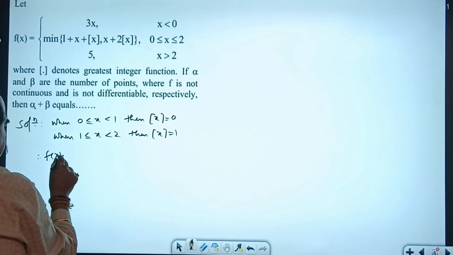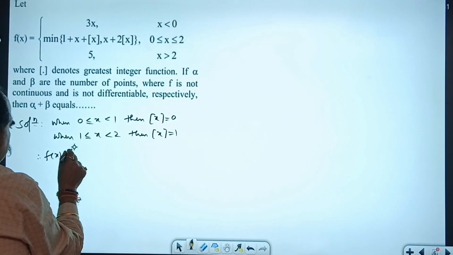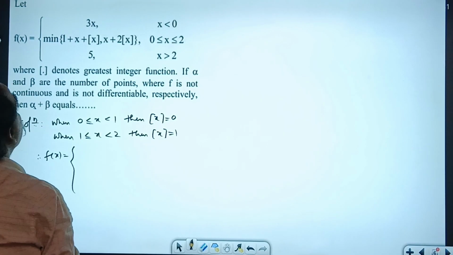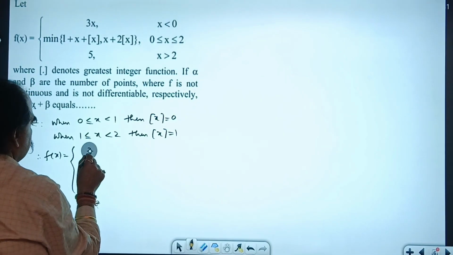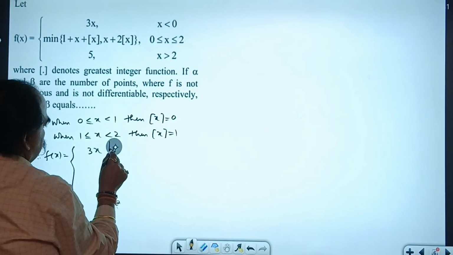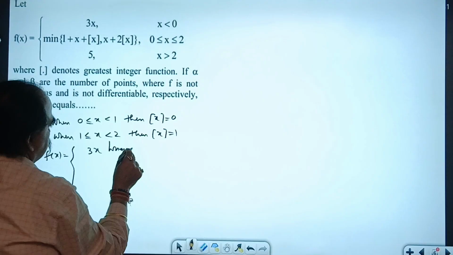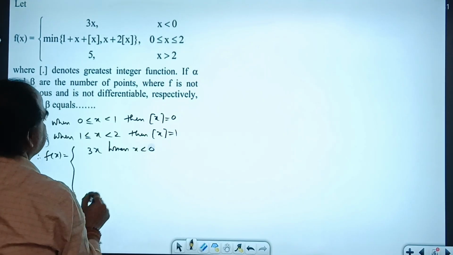So f(x) is what? Will be 3x when x is less than 0.